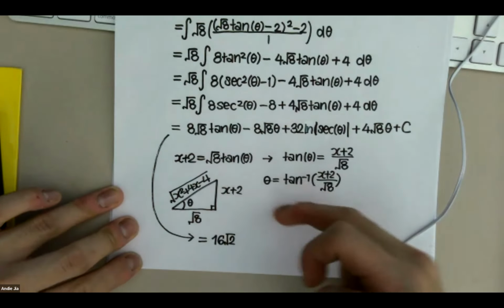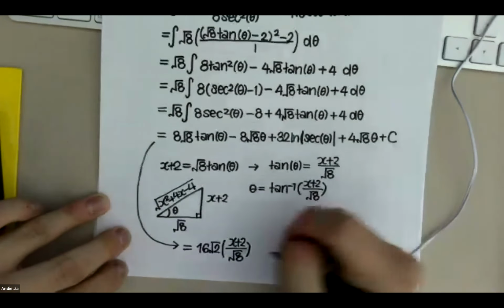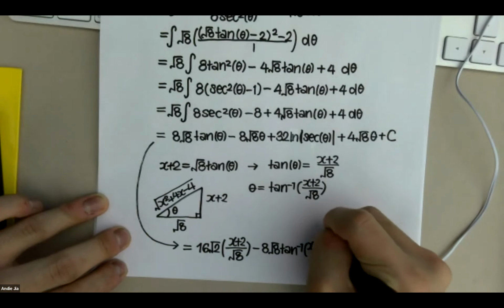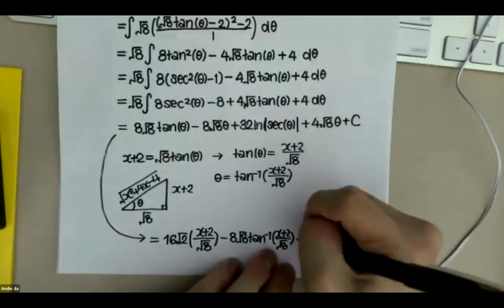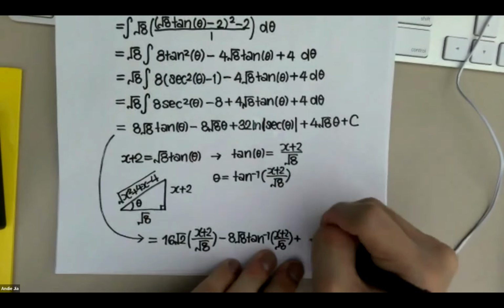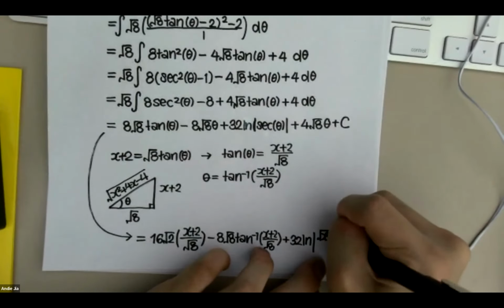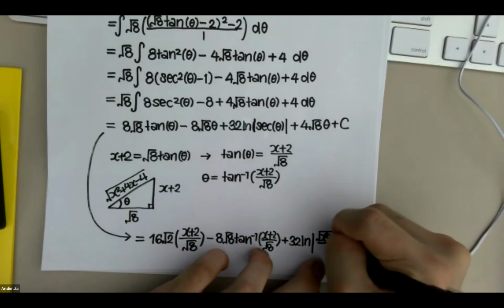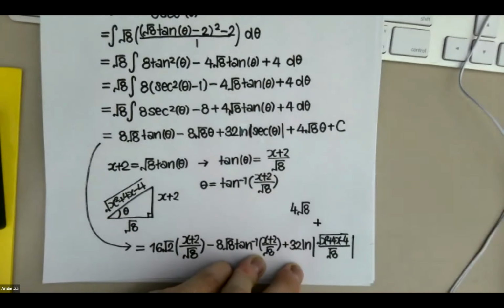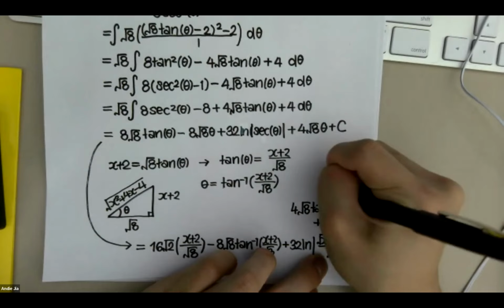So tangent of theta is x plus 2 over square root of 8, minus 8 square root of 8 arctangent of x plus 2 over square root of 8, plus 32 natural log of secant, just of this, plus 4 square root of 8 arctangent of x plus 2 over square root of 8.